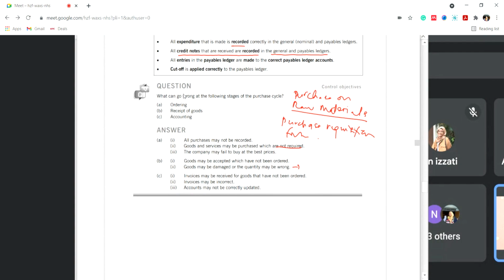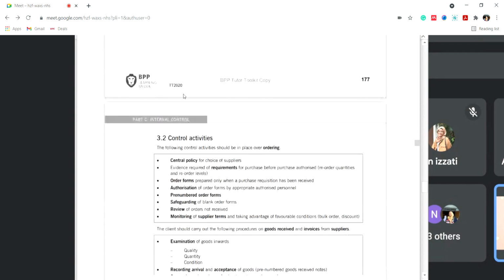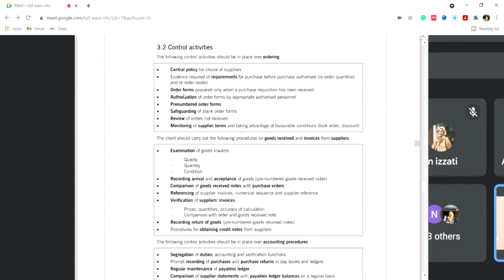So that is all the possibilities that can happen where the control objective is not met or the control activities do not exist. These are all the control activities suggested by the book.